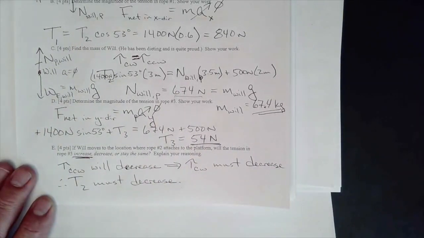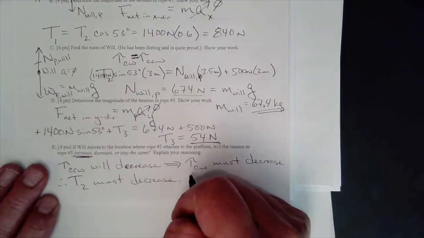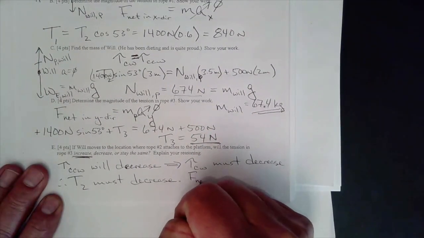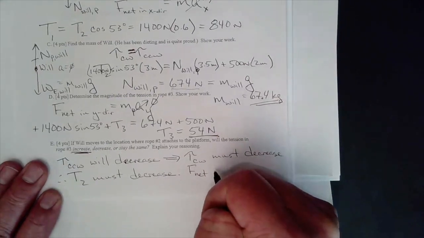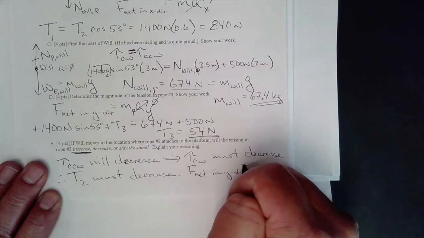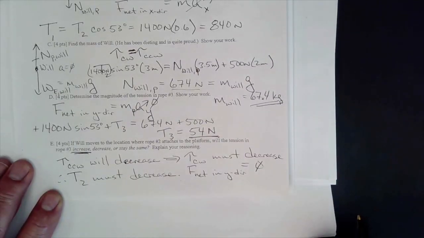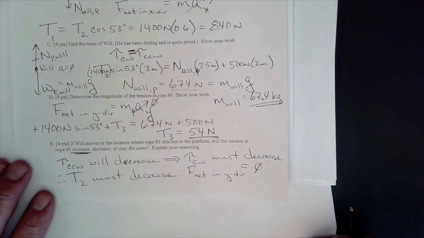Well, seems like everything is decreasing. Well, one thing is not decreasing, and that is the total force down. The net force in the y direction is still equal to 0, and the weight down is still the same. I mean, the force down is still the same.